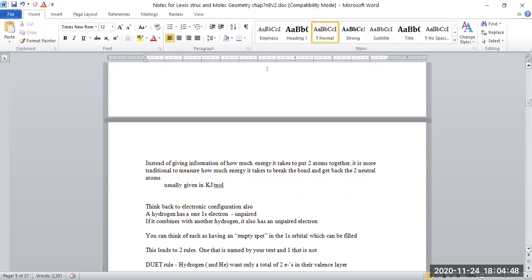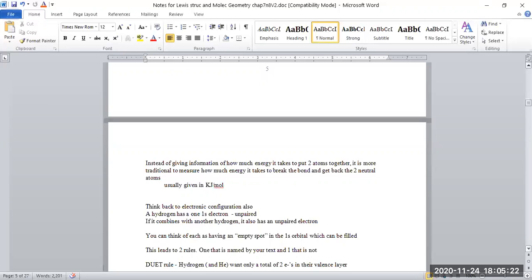We know that hydrogen is the tiniest. It has one lonely little electron, which also means it's unpaired. And if it buddies up to another atom of hydrogen, which also has an unpaired electron, this is part of what contributes to the covalent sharing.